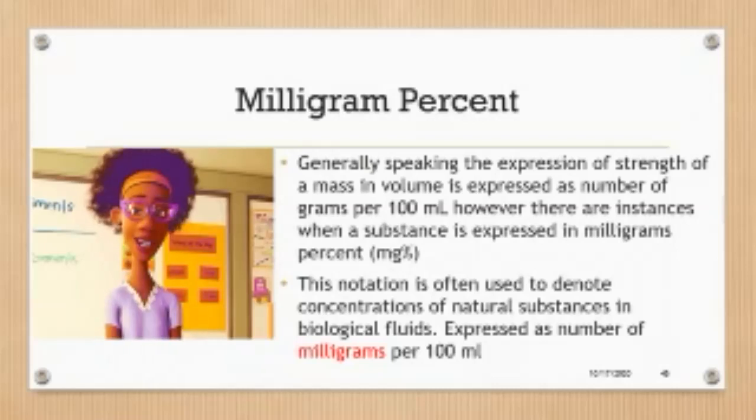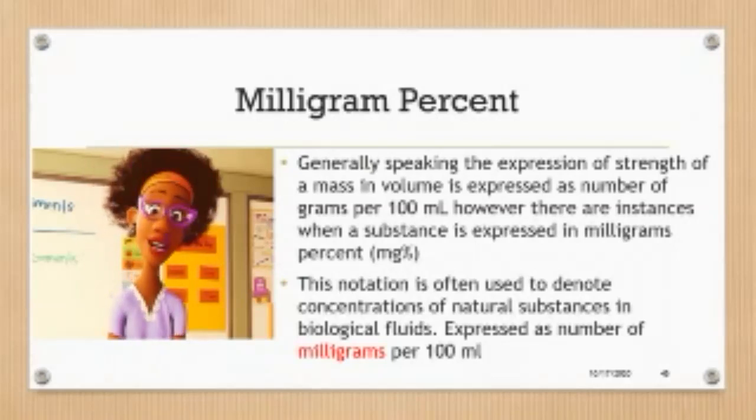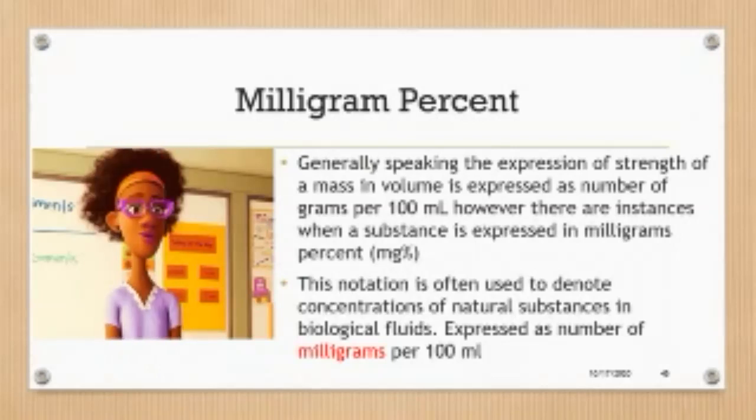They are very small in terms of the amount. So expressing them in grams might be a little bit too laborious, so we need to express them in milligrams. Many times, often, it is expressed in terms of nanograms, etc. But milligram percent is often used.